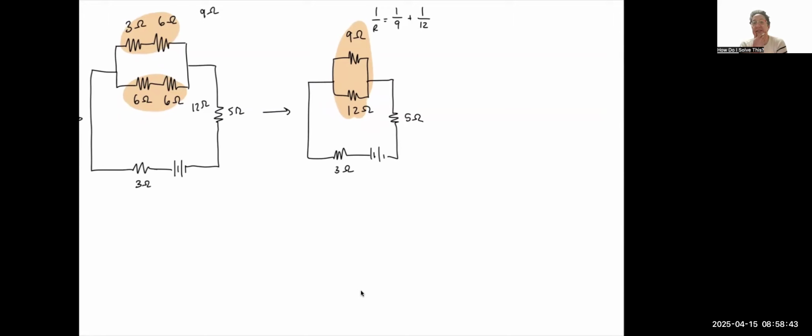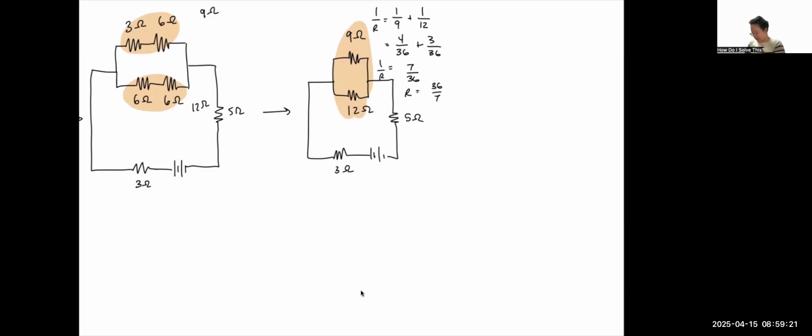So we're looking at the two resistors up there on top that are in parallel. We're going to use 36 as our common denominator here. So that's 4 over 36 plus 3 over 36, which is 7 over 36 for 1 over the resistance. So that means the resistance is 36 over 7, which, as I said, is not a great number.